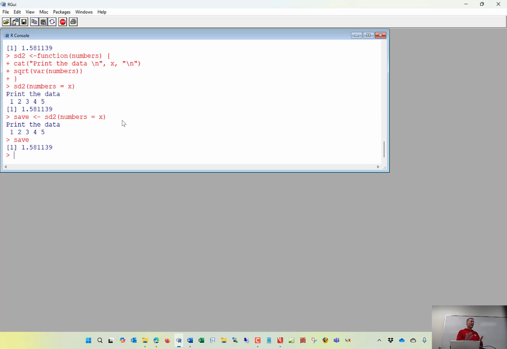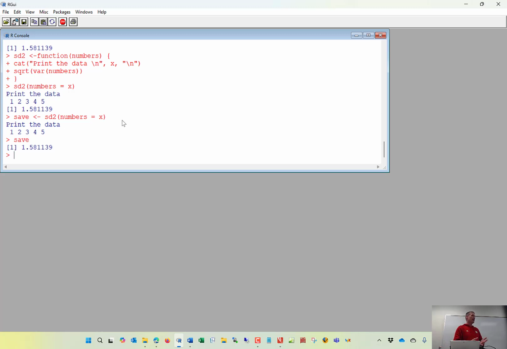So, whenever you write an R function, and I would hope that students in their very first class where you use R learn this, whenever you write a function, what's actually returned to the user that you can actually save is the information that's in the very last line of the function. That's why save, I call it save. Save only contains 1.58.